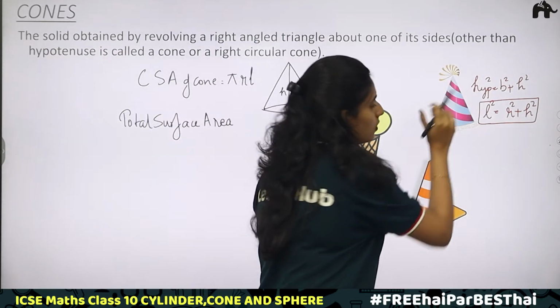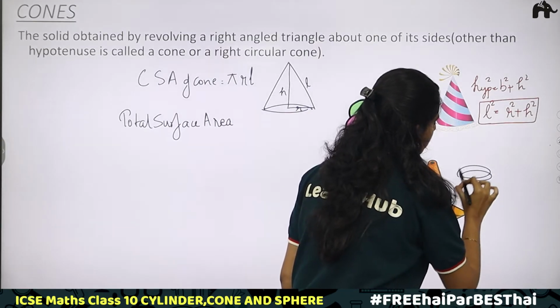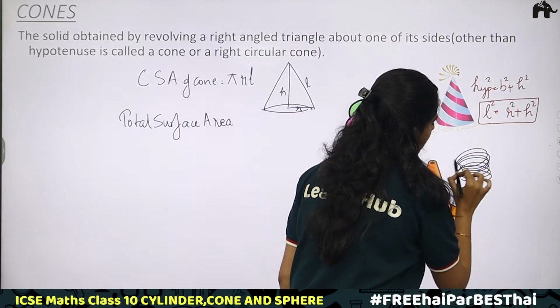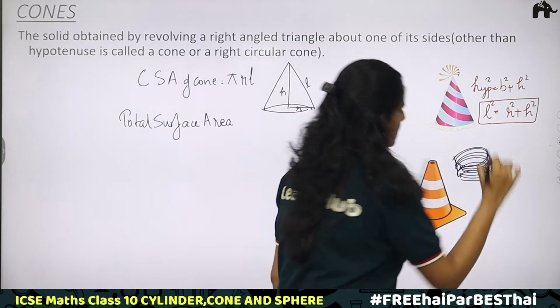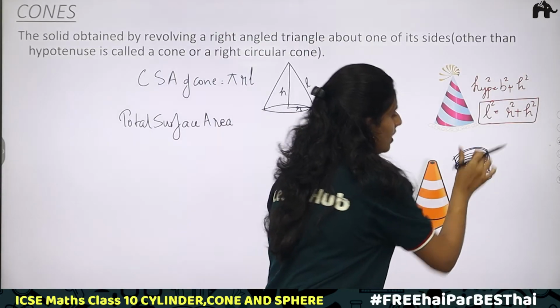In case of a cylinder, it was like when you pile up many circles together, you will be getting a cylinder. They are circles of equal radius.